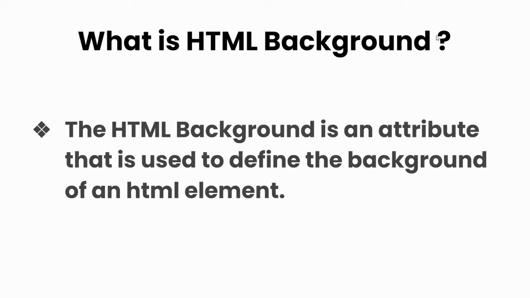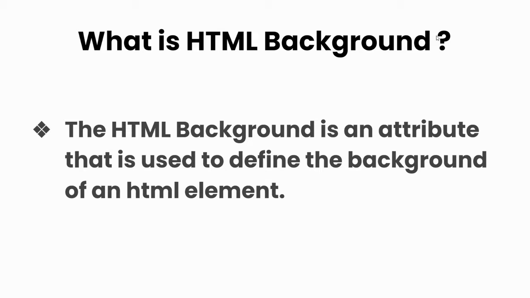So first and foremost, what is HTML background? The HTML background is an attribute that is used to define the background of an HTML element. Like I said before, the background is the surface where the text, or your elements, will be rendered.